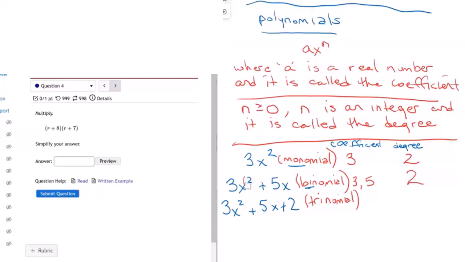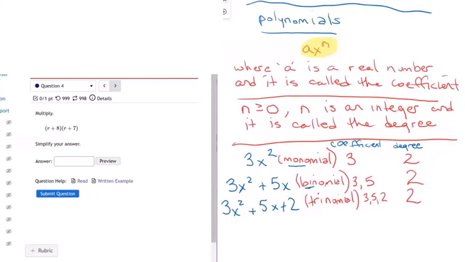So terms are anything that are added or subtracted. 3x squared is a term, 5x is a term, and 2 is a term. And all of them fit in this ax to the n. So this is 3, 5, and 2. My degree is still 2.